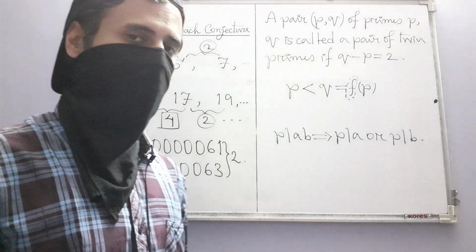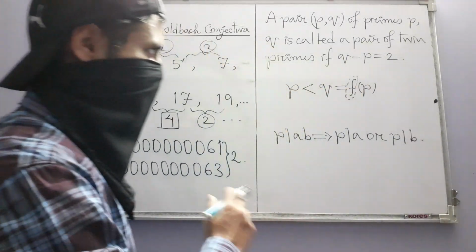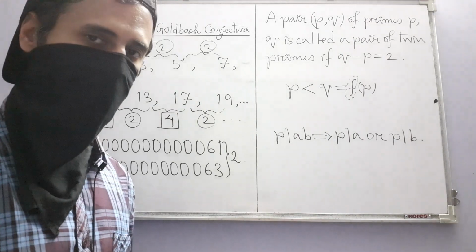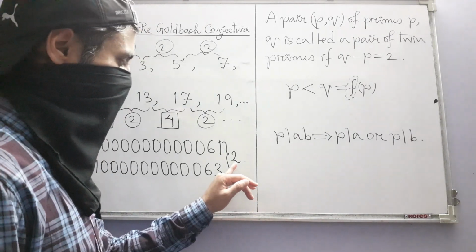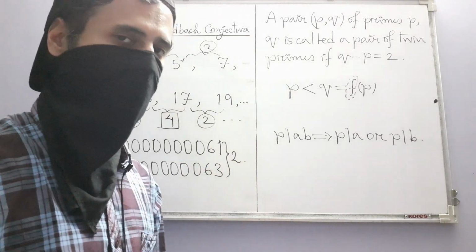And the twin prime conjecture states that there are infinitely many such pairs of twin primes, which is equivalent to saying that this difference 2 keeps appearing infinitely many times.